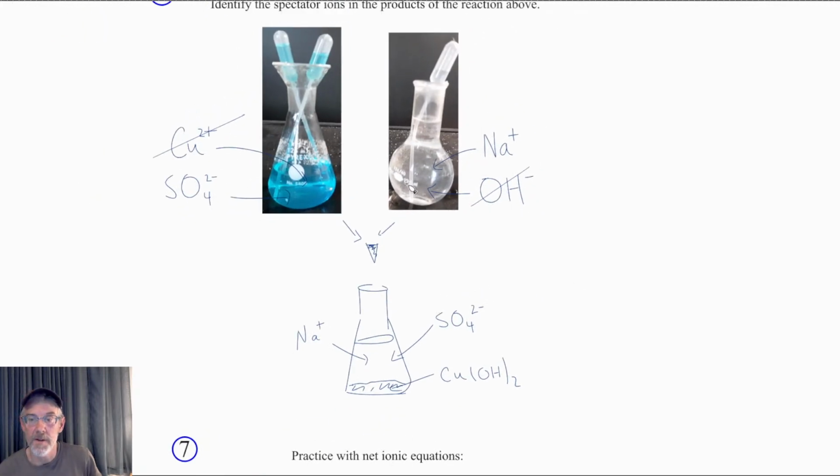And that's what's down at the bottom of the beaker. So you have sodium here and sulfate ion, it's still in the beaker. So we had sulfate ions here, sodium ions here, we mixed them, they're still just floating around. That makes them spectator ions. That's an important concept.